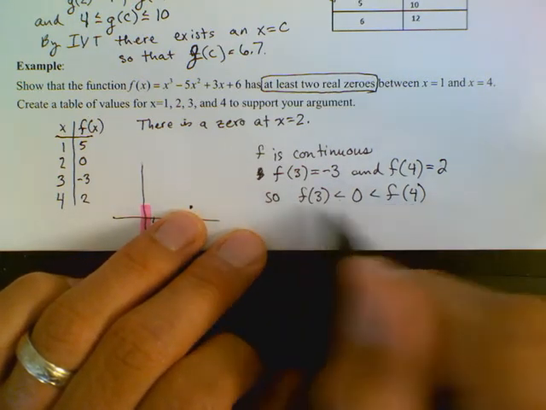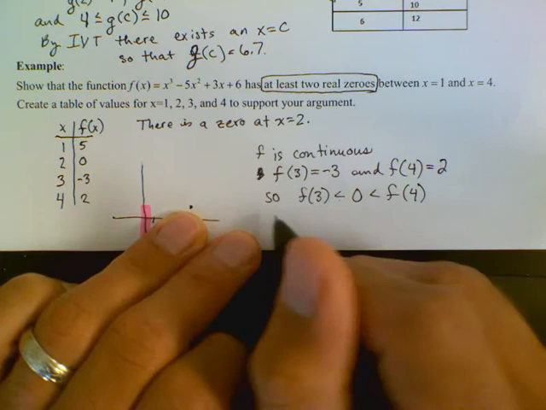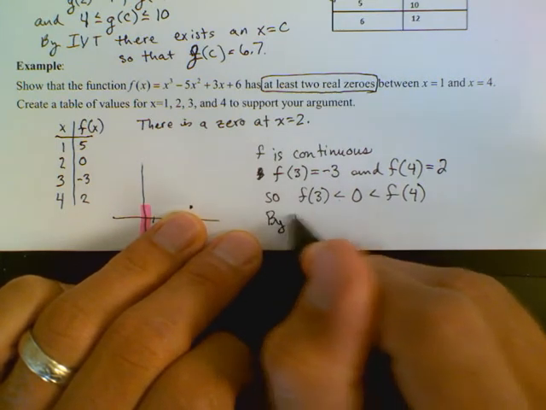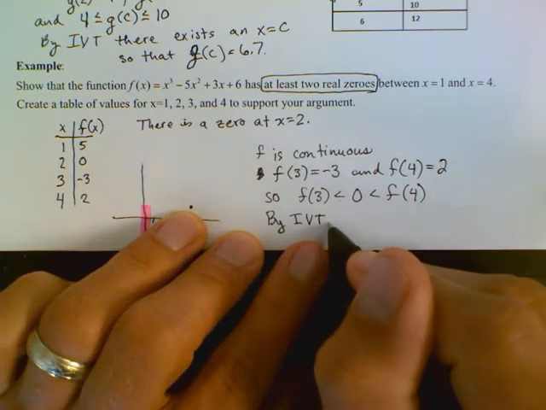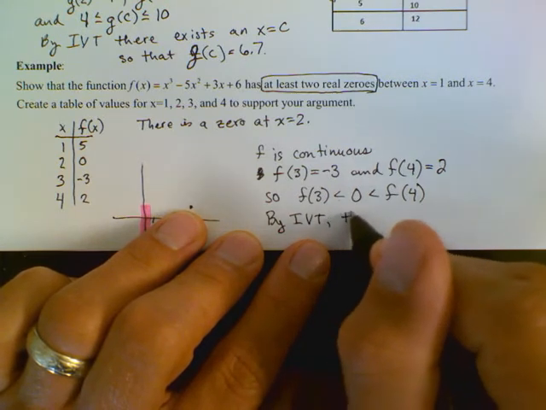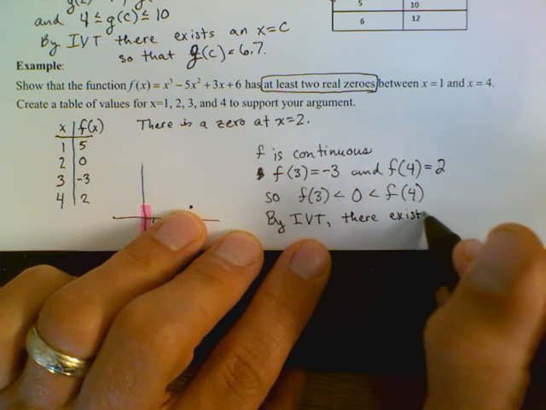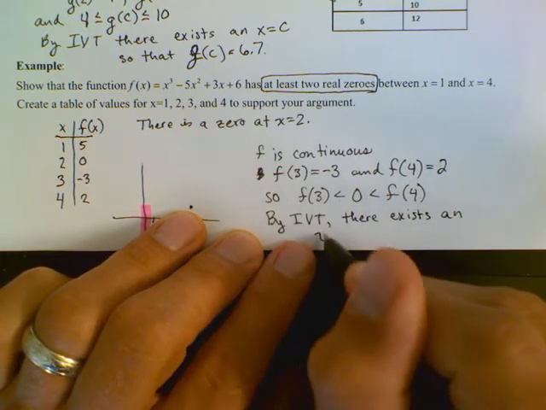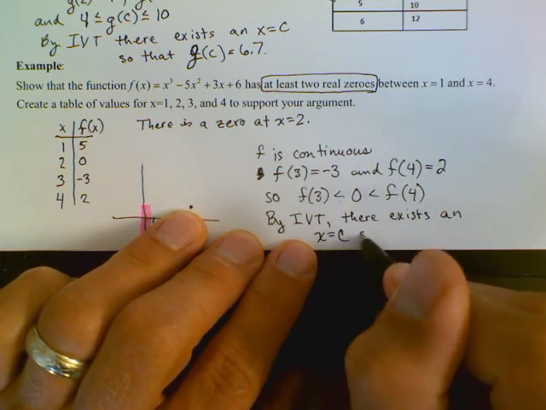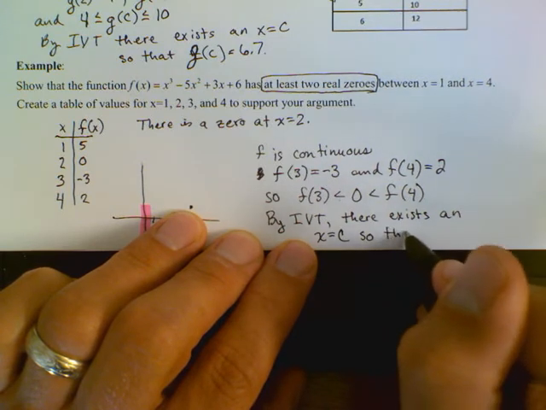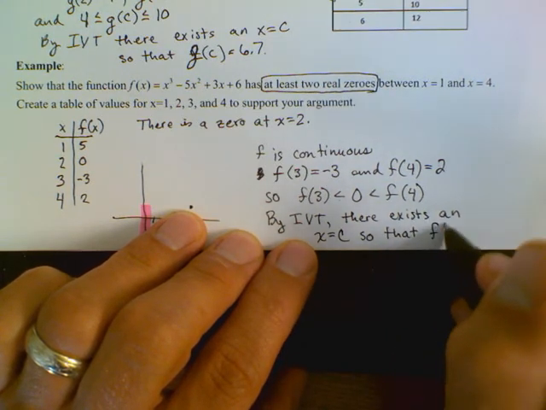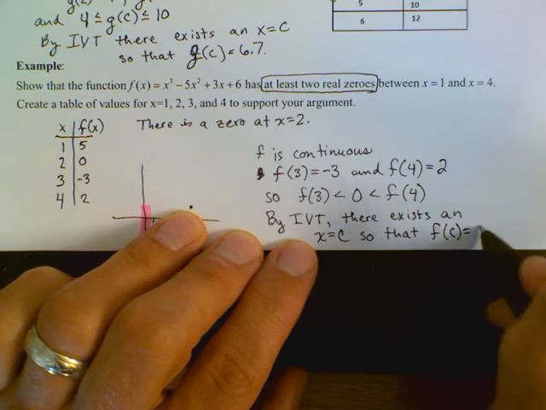So if 0 is between those two, then by the intermediate value theorem, there exists an x equals c so that f of c equals 0.